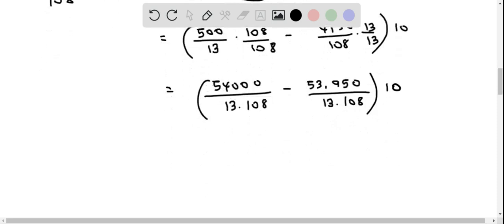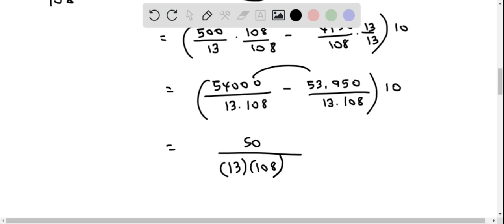Now we just have to do this subtraction, that is 54,000 minus 53,950. So it is basically 50. This is over 13 times 108, which is a common denominator, and then multiply with 10. Now we see that we can do some reductions.